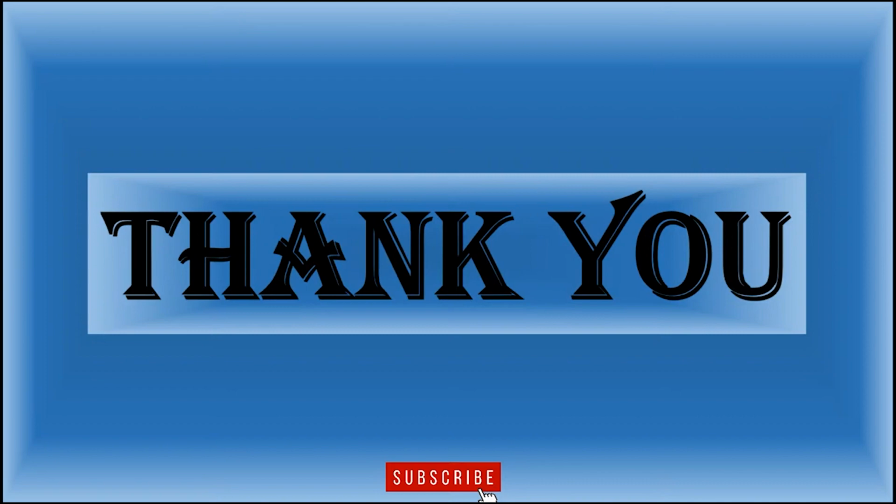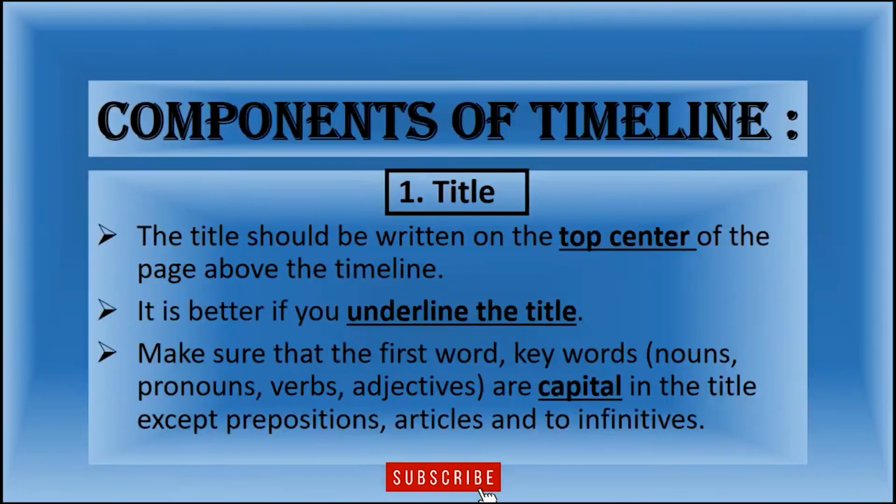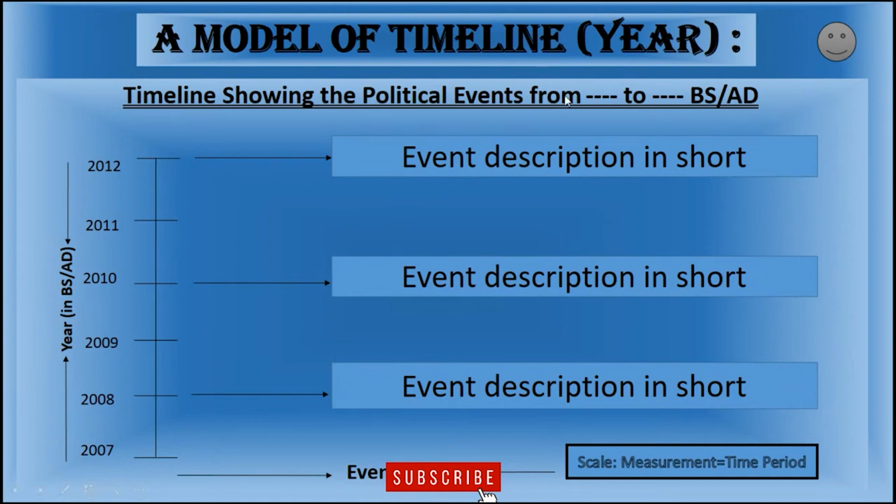And after you do all this, it is better if you put them all in a box so that it will be very attractive. For example, you can make a border line here at the side. If you make a box, it will be more attractive. So this is the summary.